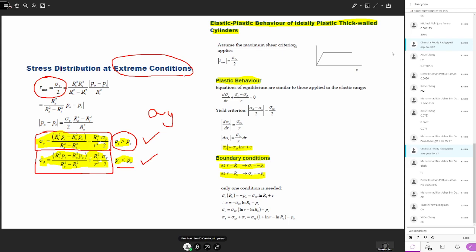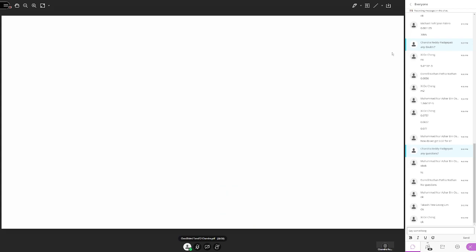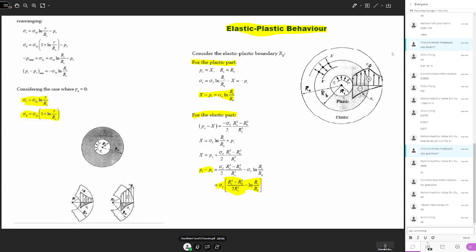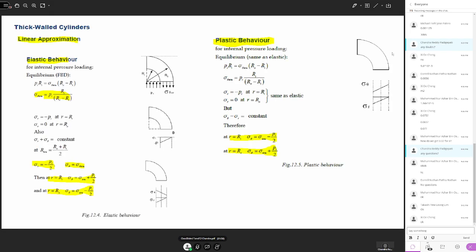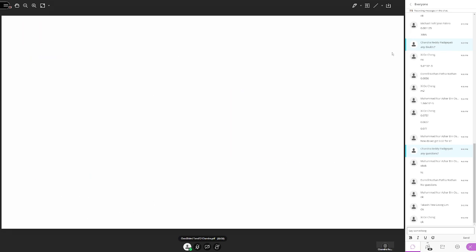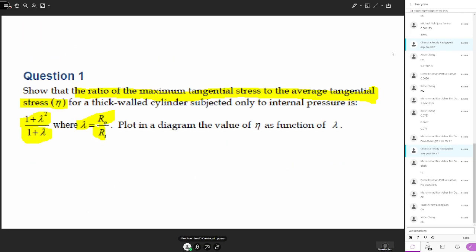Before further discussing the elastoplastic behavior, we will go through this probably tomorrow. Now let us look at the first question.